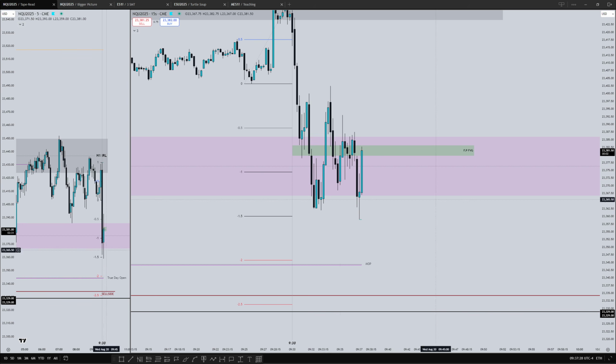So we're just still watching price. It doesn't want to stay within the PD arrays you have marked out.